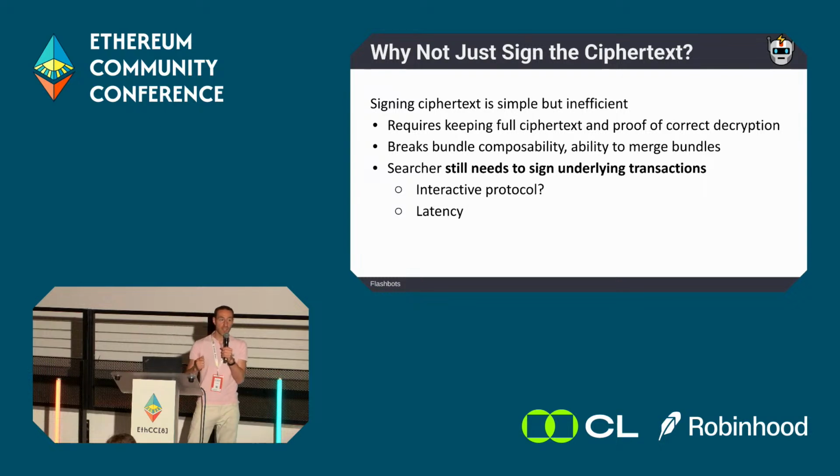So it needs a new interaction between the searcher and the builder to finally get this searcher's transaction. And that adds latency. We don't like that in MEV, so not good. Also, like many other things that could break, it's pretty hard to do composability with that. And you require further cryptographic guarantees to do that properly. So we're not happy with that, right?